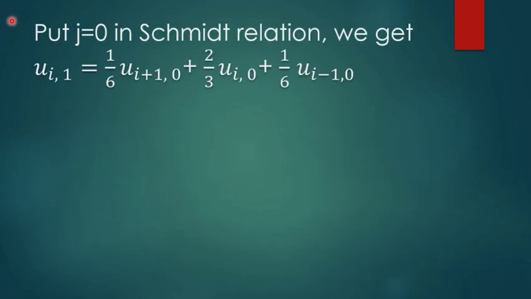Put j equal to 0 in Schmidt relation. We get u i comma 1 is equal to 1 by 6 into u i plus 1 comma 0 plus 2 by 3 u i comma 0 plus 1 by 6 into u i minus 1 comma 0. So here we see that the value of u in the first row is obtained using the values of u from the 0th row.